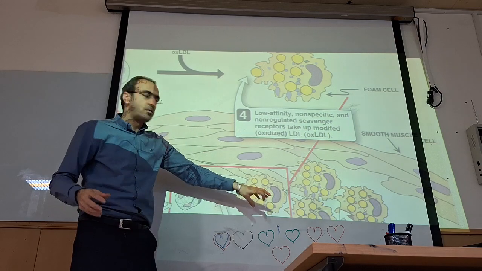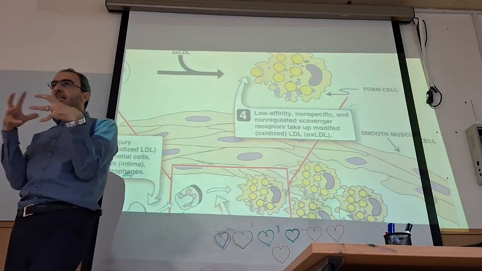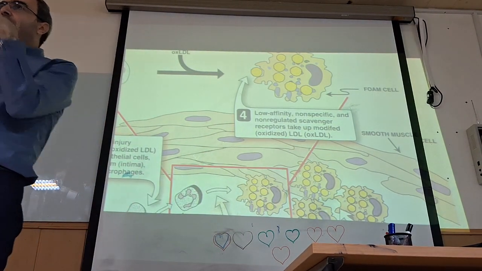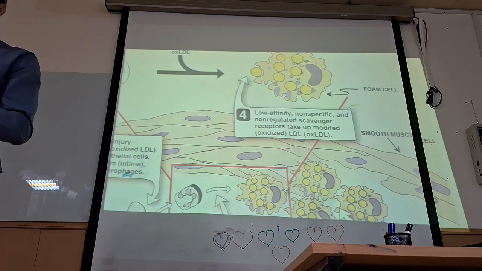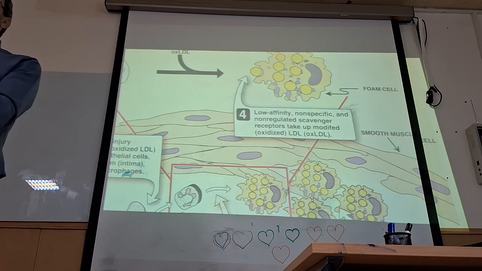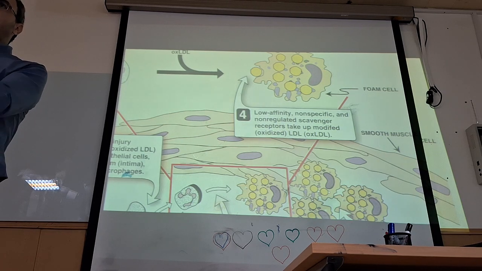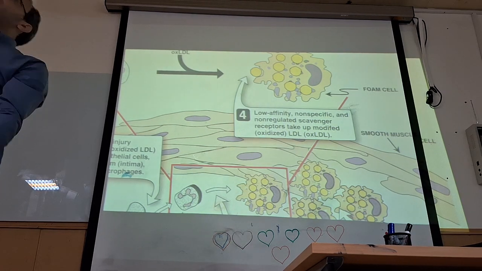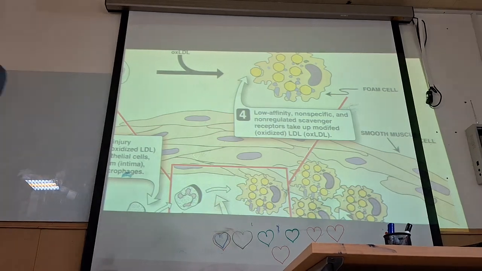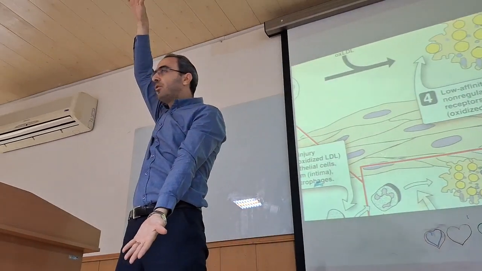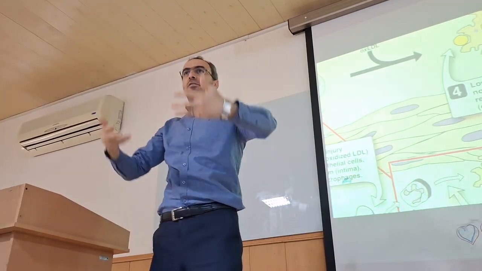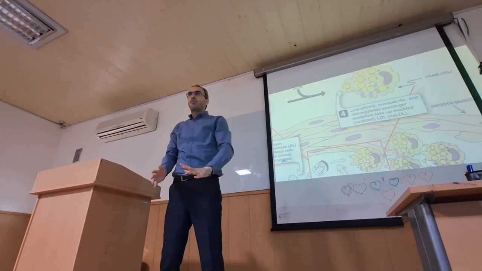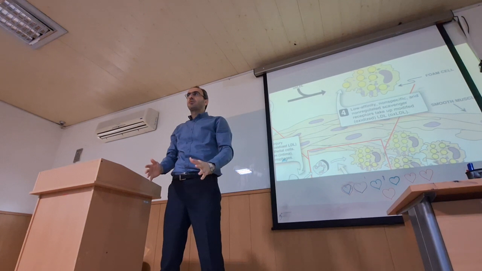These foam cells can join together and produce a complex of foam cells. Then the artery endothelium, for example, imagine this is the artery, and from here the macrophages increase this size.